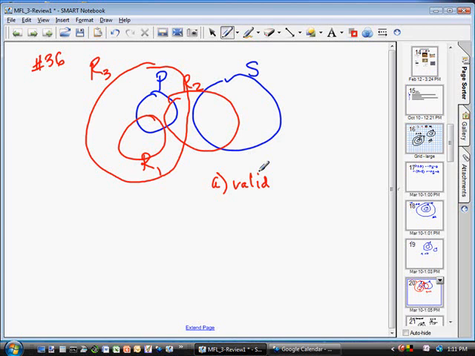Just the opposite of where they're only true when they're the same. Only false when the first is true and the second is false. What have I missed? I think we did them all. Then there's the equal sign with the arrowheads on both ends, which means equivalent.